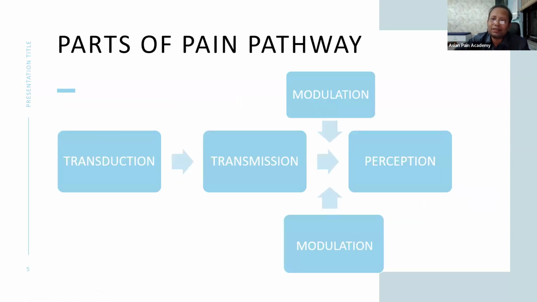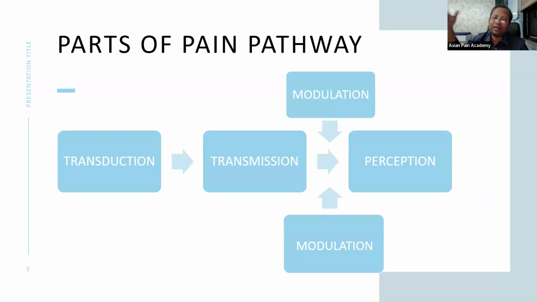Now let us recollect the parts of the pain pathway. One part was transduction, then transmission, then comes modulation and perception. You remember what is transduction? Transduction means the start of injury to the start of action potential, from chemical to electrical activity.